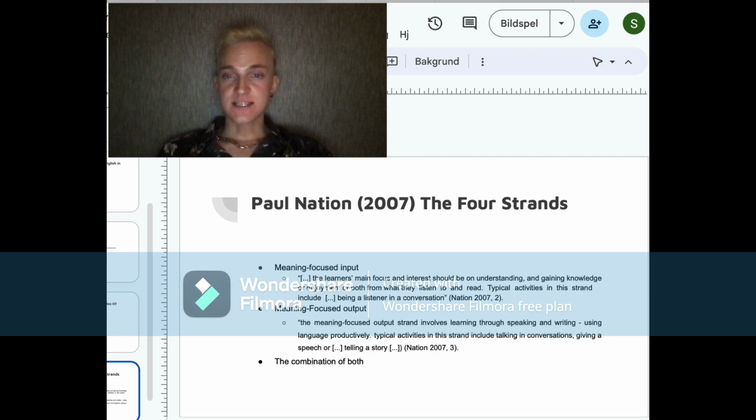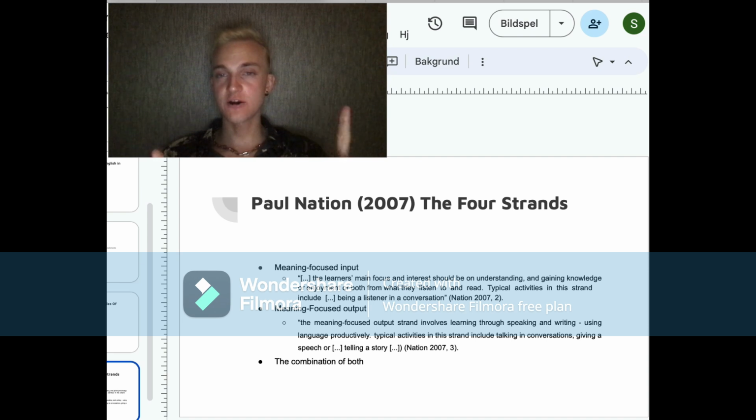Another reason is that we are practicing meaning-focused input and meaning-focused output, as Paul Nation says in the four strands. They are already quite comfortable with the material. They have presented their opinions twice already, once in pairs, once in groups, and now for the whole class.